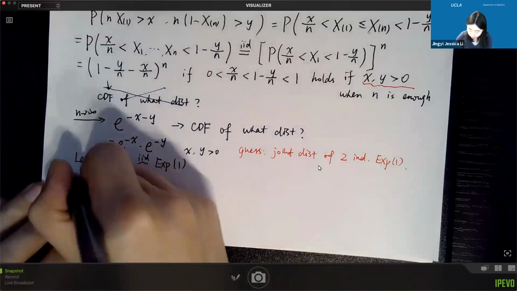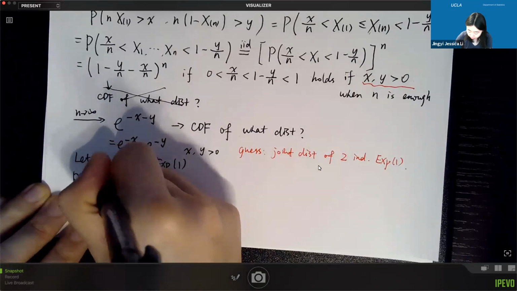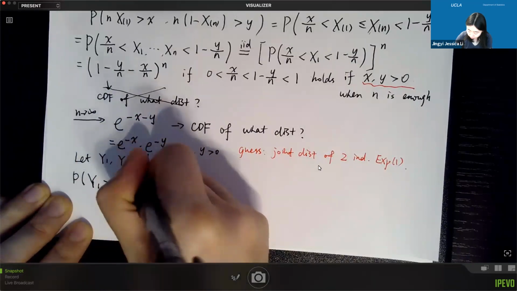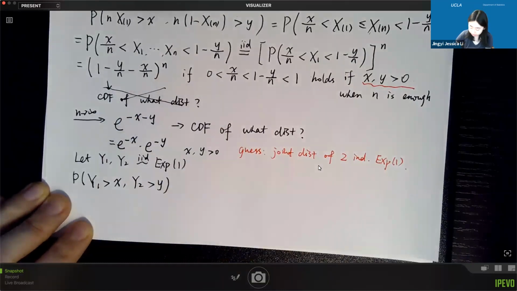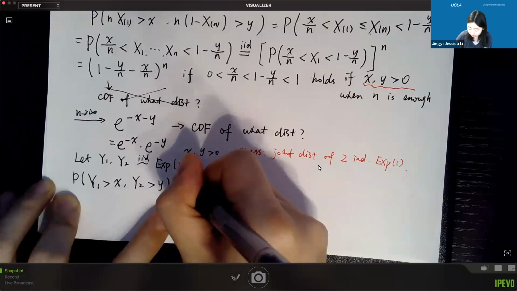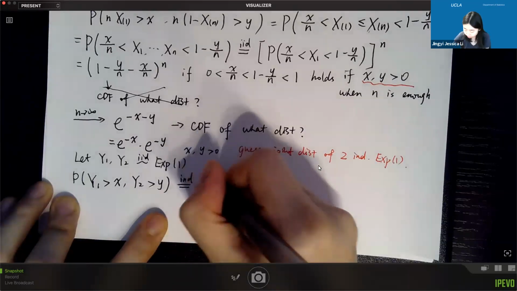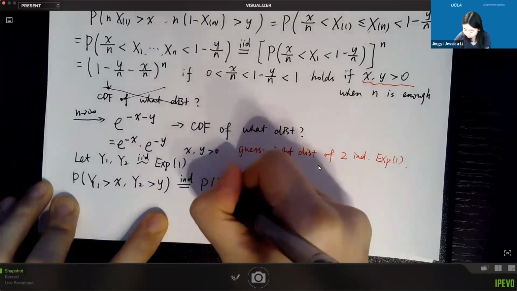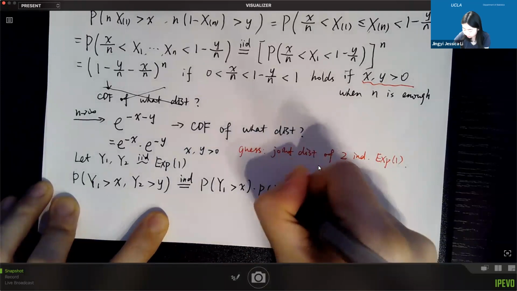The probability that y1 is greater than x and y2 is greater than y can be written, using the independence, as the probability of y1 greater than x times the probability of y2 greater than y.